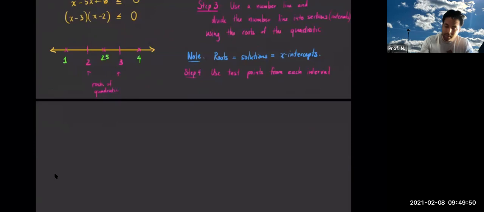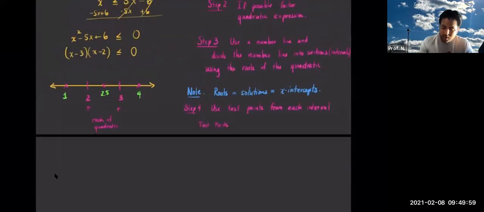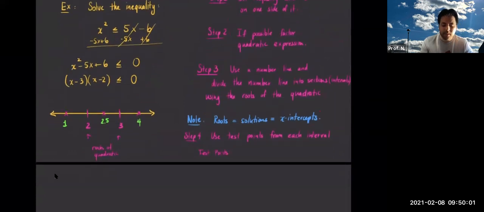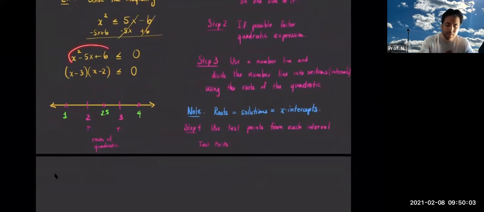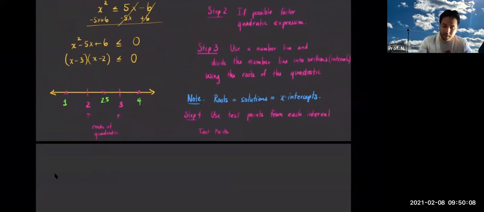So step number 4, test points. And how am I going to use the test points? I'm going to plug them into the quadratic expression.